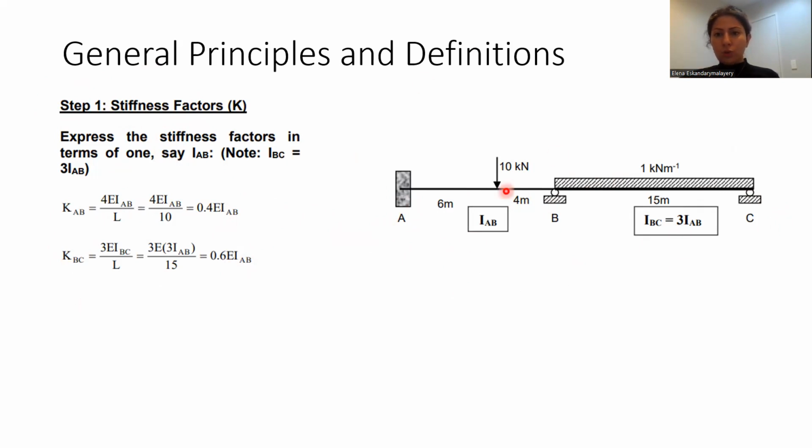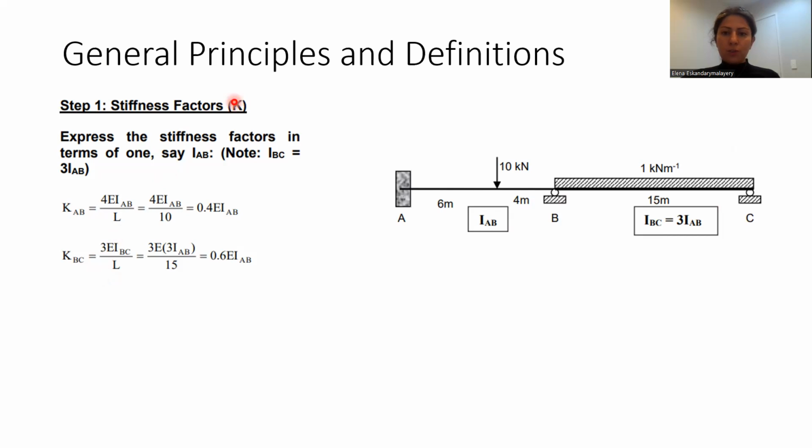So you don't need to waste much time worrying about memorizing the value of K, the stiffness factor for these two. Just focus on the other joints. If we ignore the ends of our beam, the only joint we need to worry about is joint B. So we have KBA and KBC that we need to calculate.